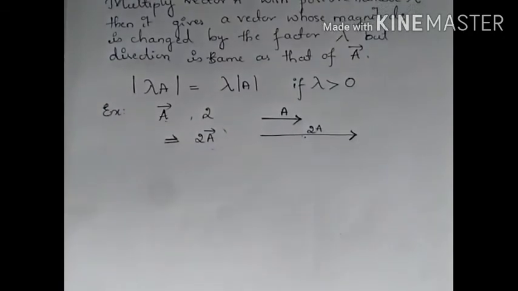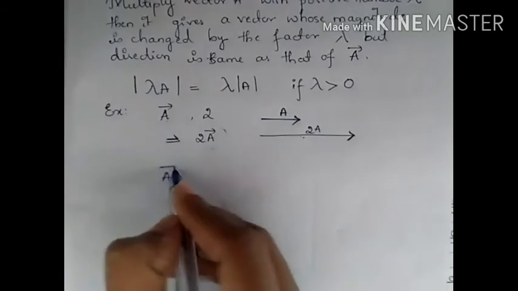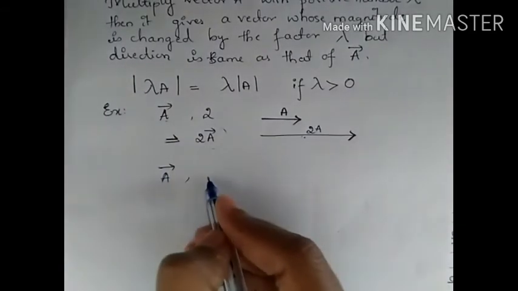Now let's suppose what will happen if you multiply a vector A with negative lambda.